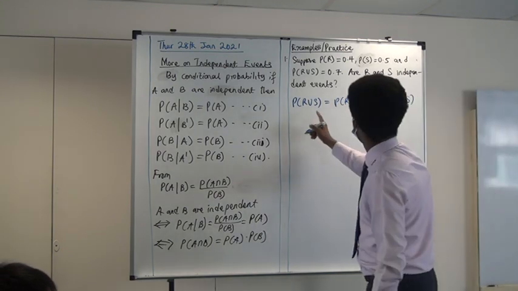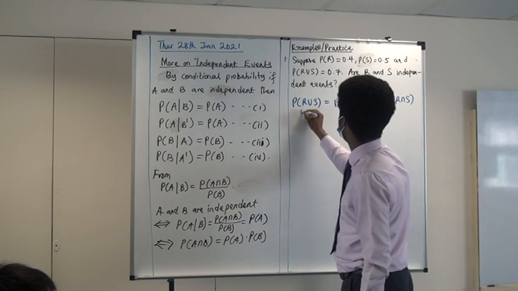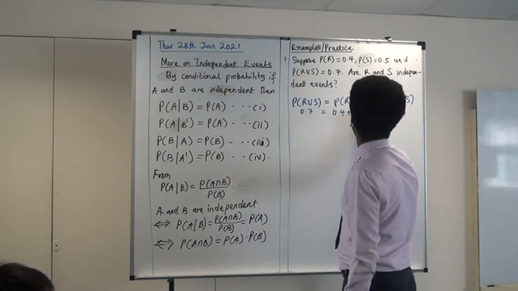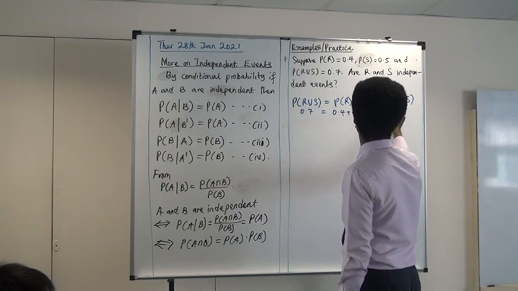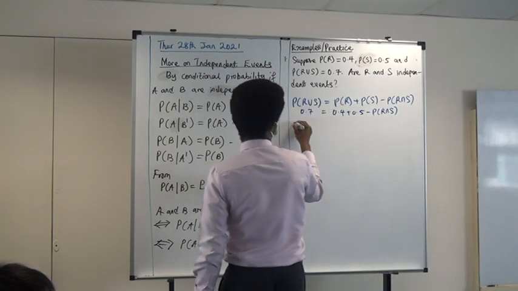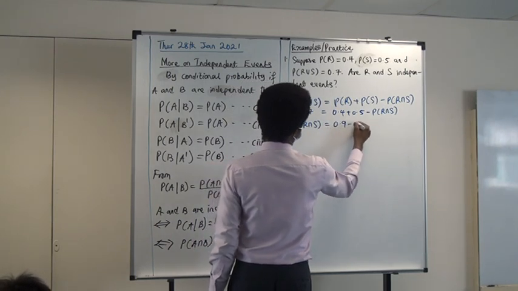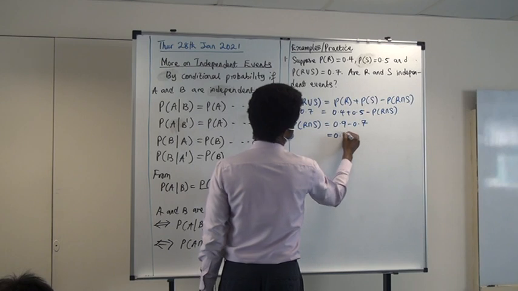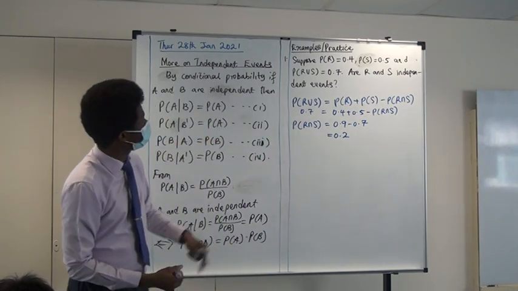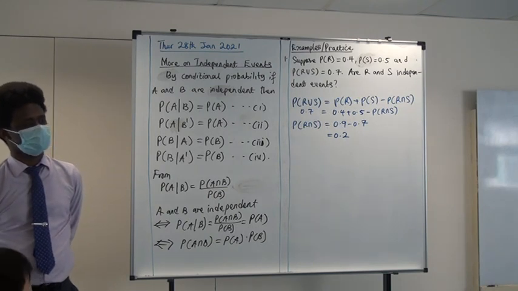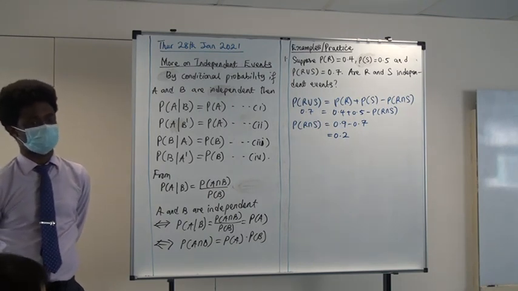So this you know, 0.7, 0.4, 0.5, then the intersection you're looking for, so it becomes positive. So this is 0.9 minus 0.7, which is 0.2. Now, is the product the same as 0.2? Check. 0.2 is 20%.